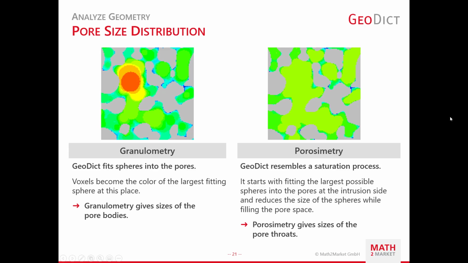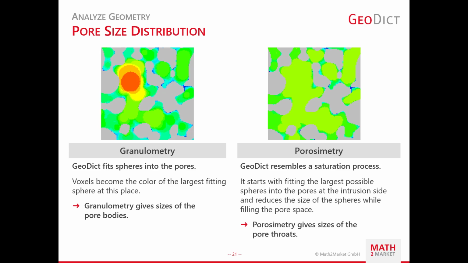And so what you get with a porosimetry is the actual size of the pore throats, and with the granulometry you get the volume of the pore, so you get the size of the body of the pore.